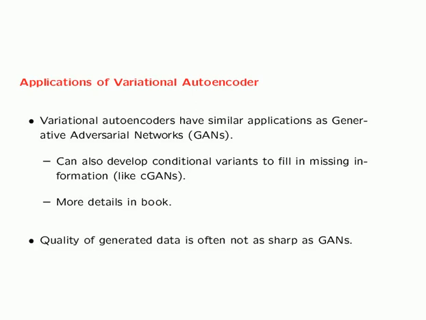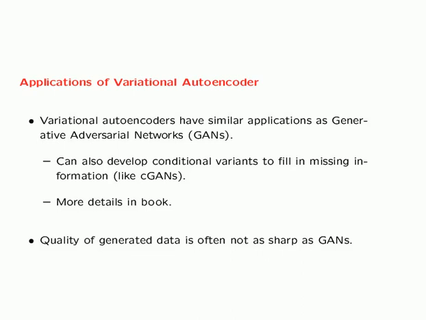Now, this kind of application of variational autoencoders and generative adversarial networks, they were proposed around the same time. And in fact, you can also develop conditional variants to fill in missing information. So you have conditional generative adversarial networks and conditional variational autoencoders. You can use them for all kinds of translation.